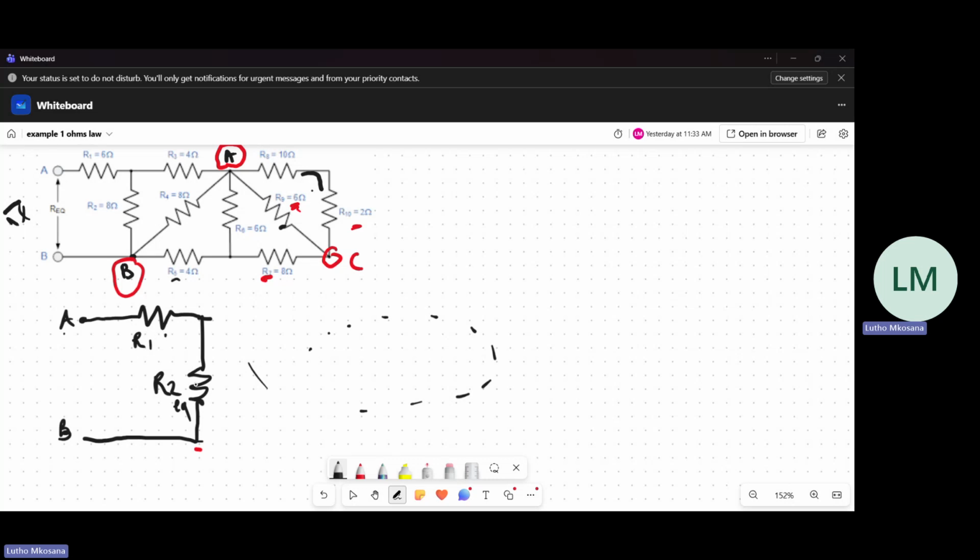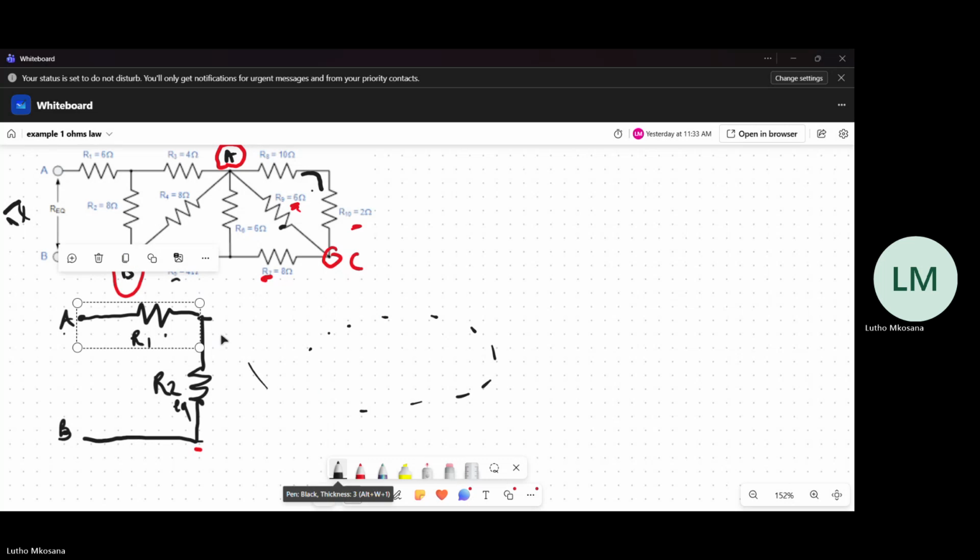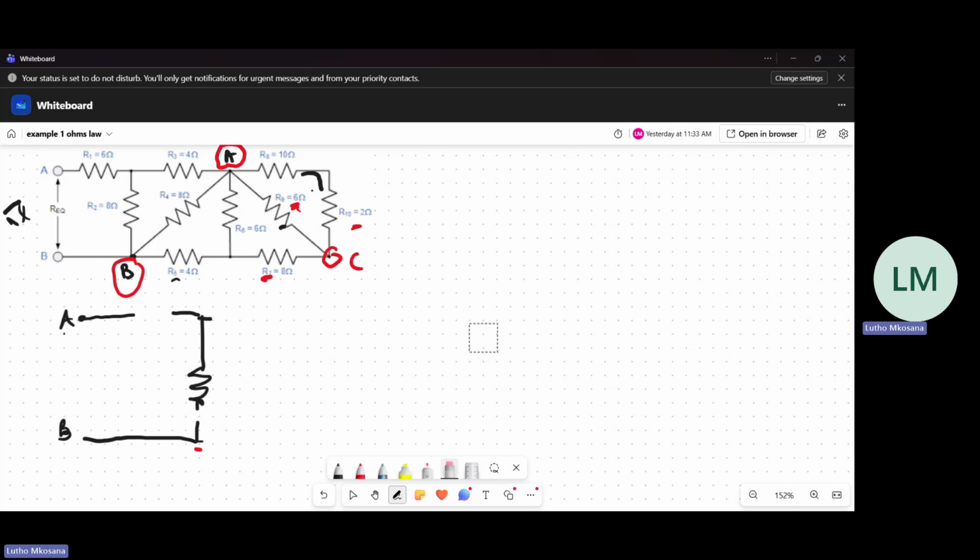So R1 plus that value we would have calculated will be equal to our equivalent. Then our equivalent circuit now using this Ohm's law will be in this manner.